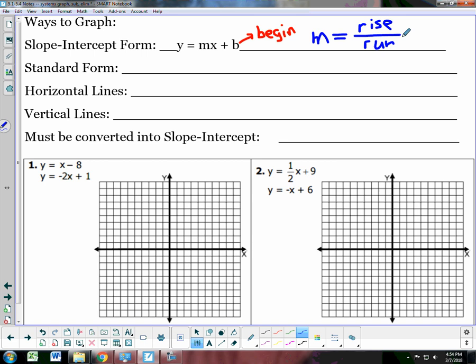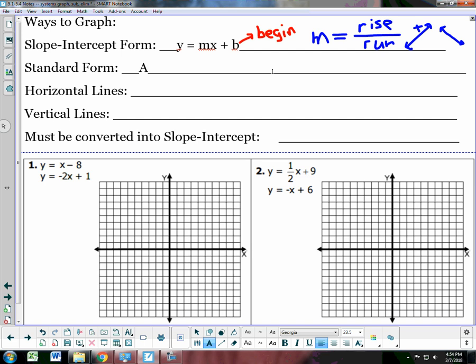Make sure you have positive slope angling from left to right, going up, like so. That's positive slope. Negative slope goes down from left to right. All right, so standard form. Standard form is ax plus by equals c.